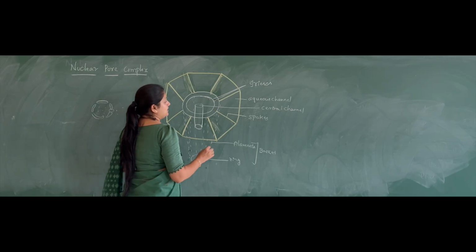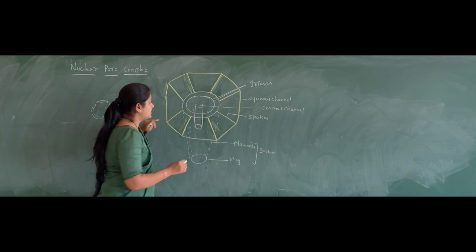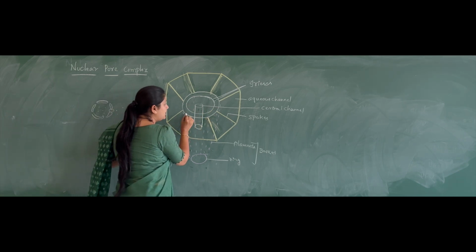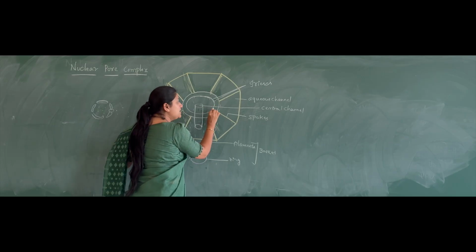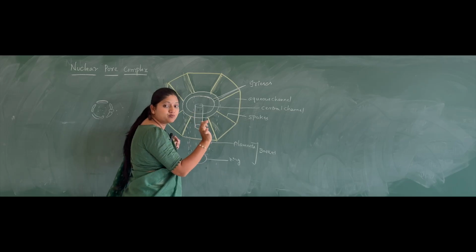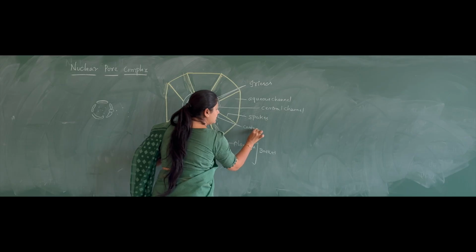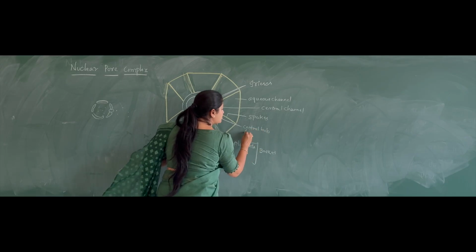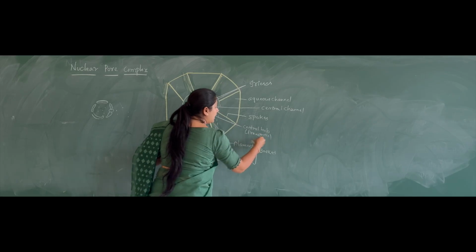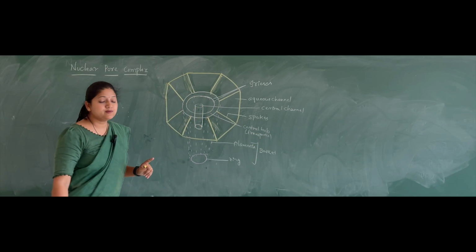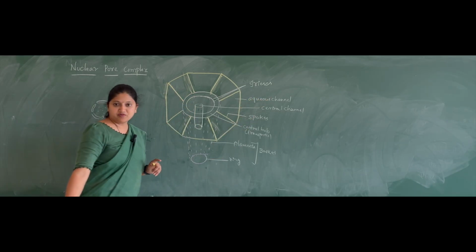And now see, this is a central channel. Surrounding the central channel, we have this central hub. This central hub is also called the transporter, and this transporter is made up of 2 rings which are called the irises.